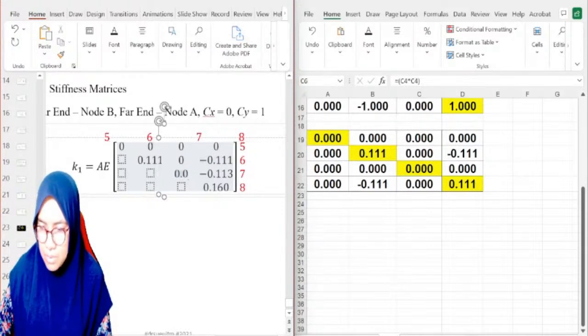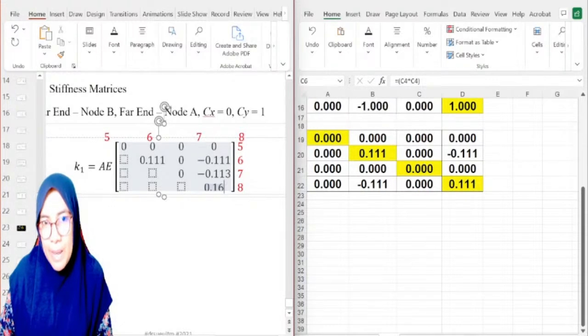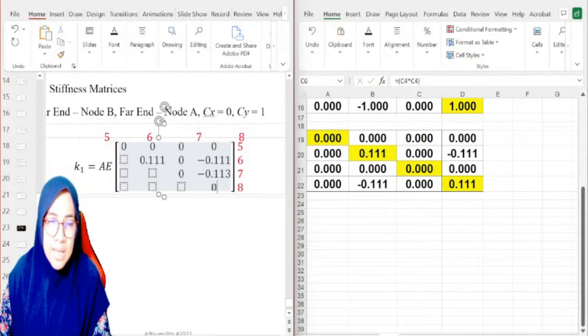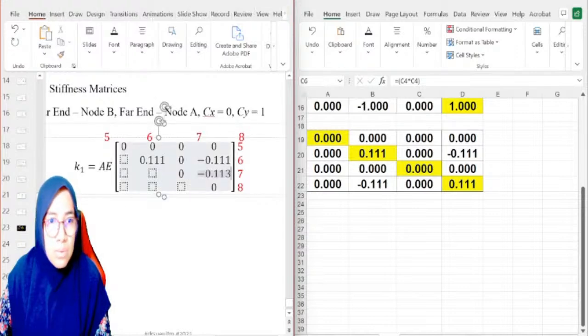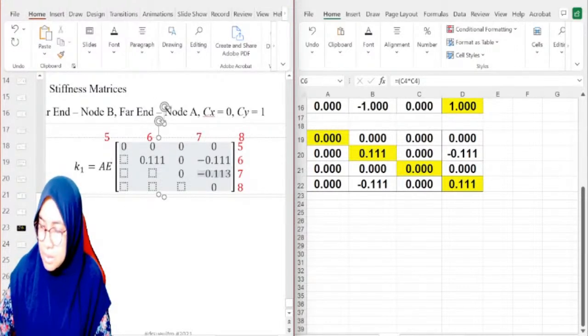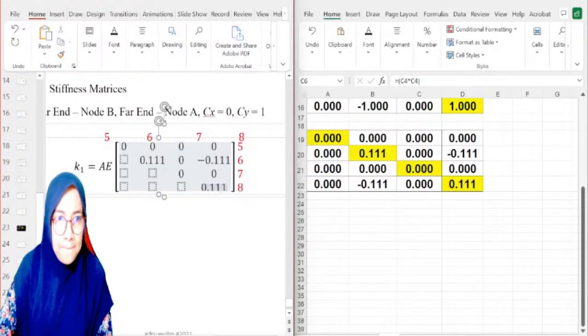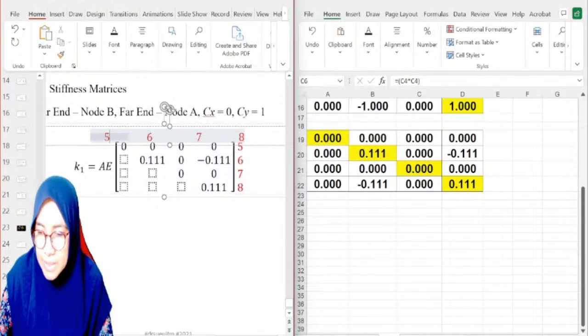That is why I said that if we compare beam, frame, and truss, truss using the stiffness method is the easiest. I need to rearrange this.